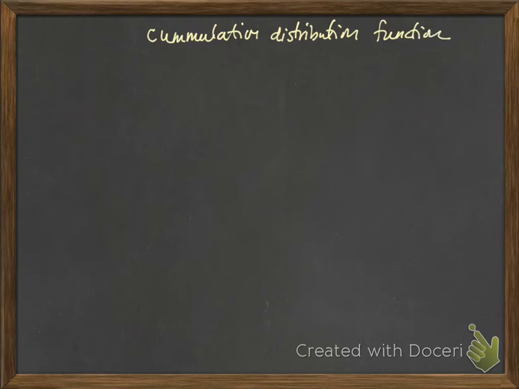The next function is the cumulative distribution function. We have one of those for both continuous and discrete random variables. So we have the discrete case over here, and we have the continuous case.